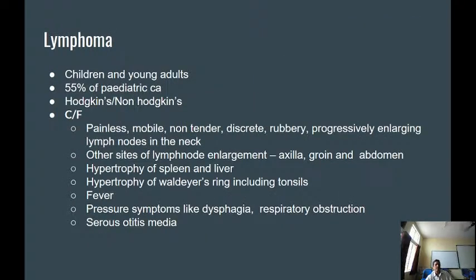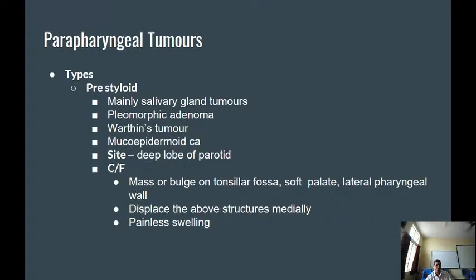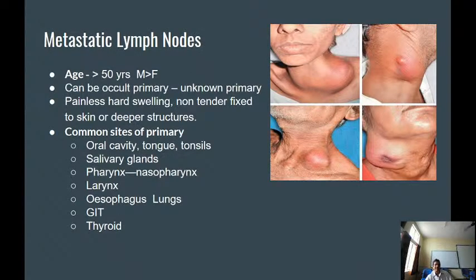Then you have the lymphomas, which are very common in children, and these are usually situated in the entire part of the neck. Then you have the parapharyngeal tumors, which will be discussed later, and the metastatic lymph nodes in the neck, because the primary is somewhere deep inside.